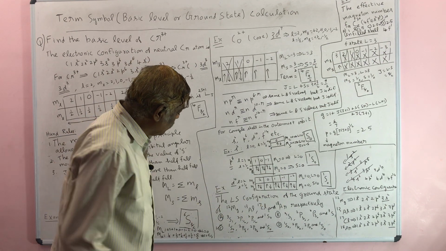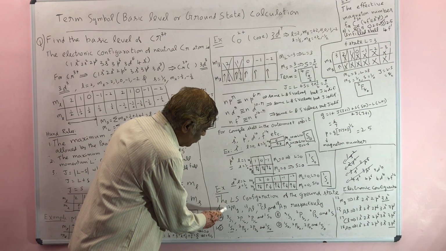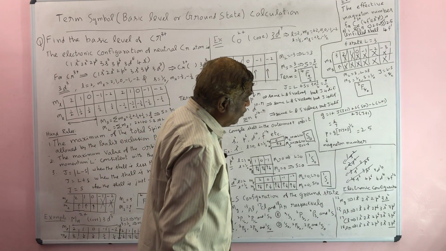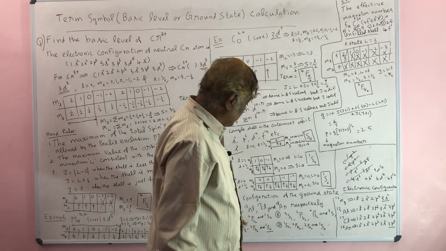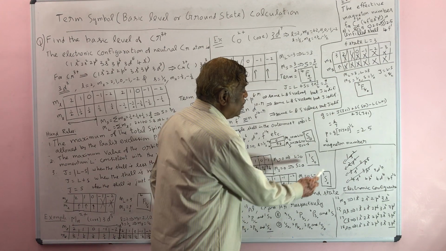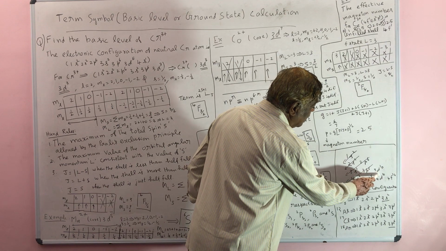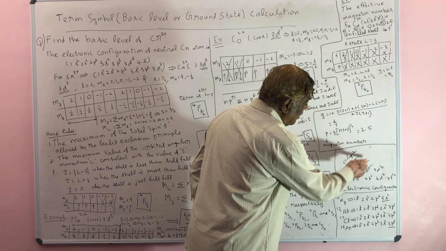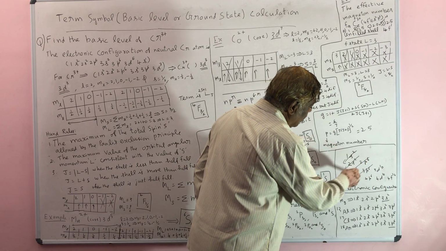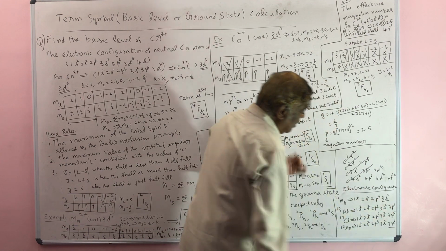In order to find this, we use the Z value, the total number of electrons. First we have to write down the electronic configuration of each atom. You know this: 1s2, 2s2, 2p6, 3s2, 3p6, 3d10, etc. You make an arrow, and according to this you can fill up the electronic configuration of each atom.